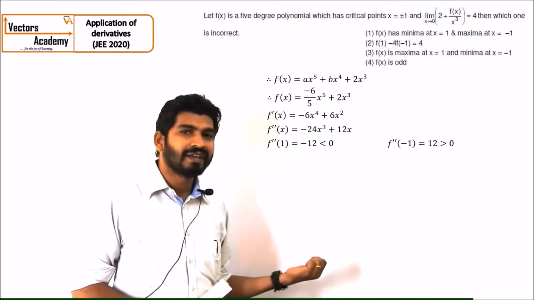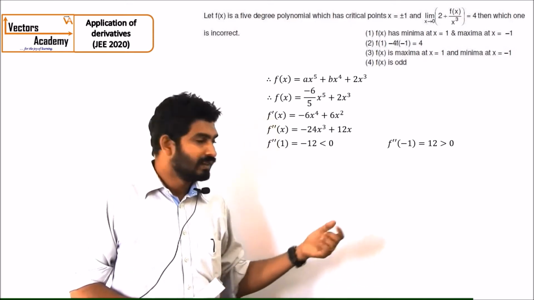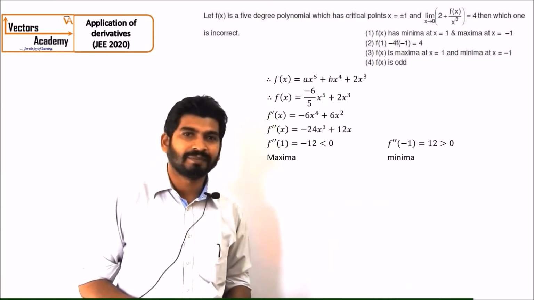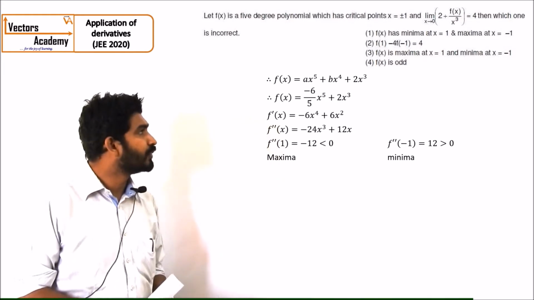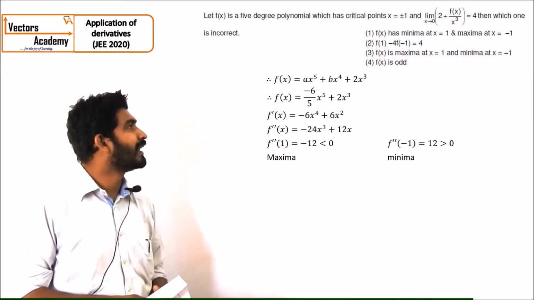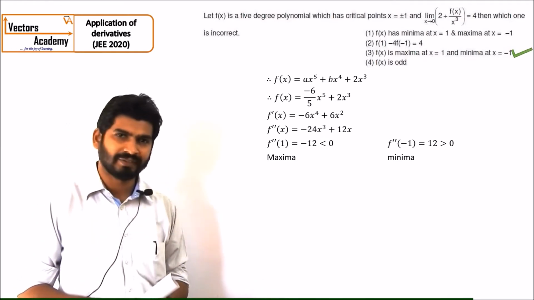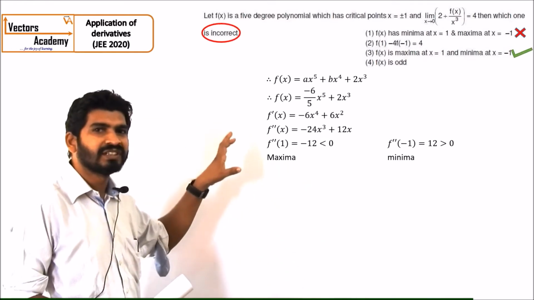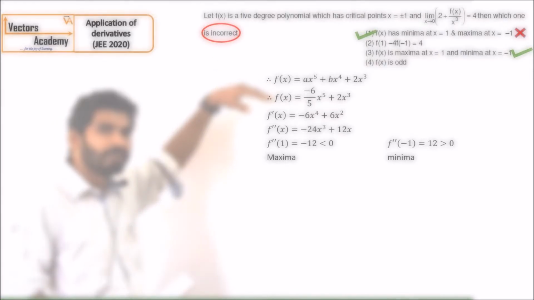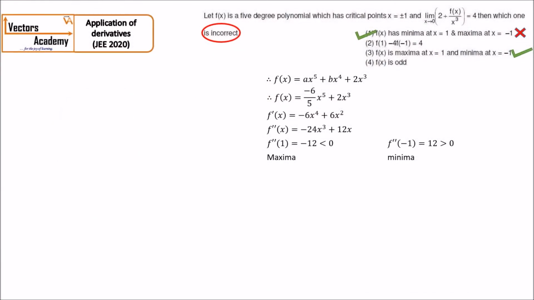If we get a positive value, that's the minima. If we get a negative value, that's the maxima. So the answer for this one is f of x is maximum at x equal to 1 and minimum at x equal to minus 1. So whenever these types of questions are given, we have to assume a polynomial of the given degree and apply the conditions to find out the coefficients.